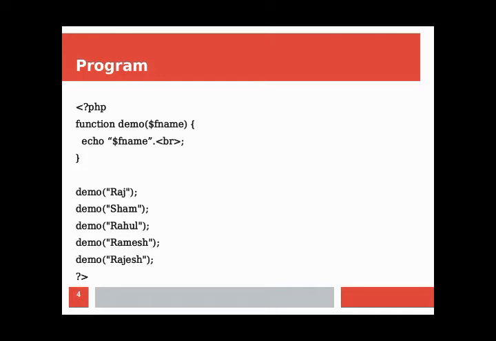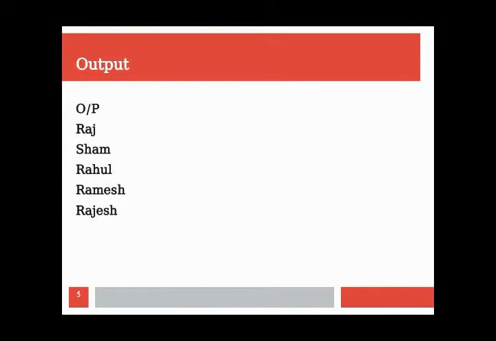And this is the end of the PHP tag, the end of the program. If we execute this, the value of fname, that is the argument, will be shown, and the output will be Raj, Shyam, Rahul, Ramesh, Rajesh on separate lines.